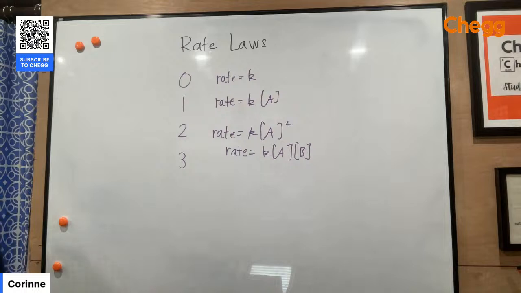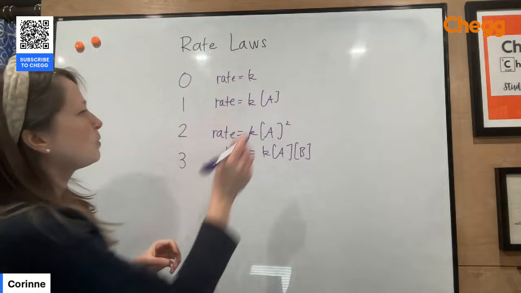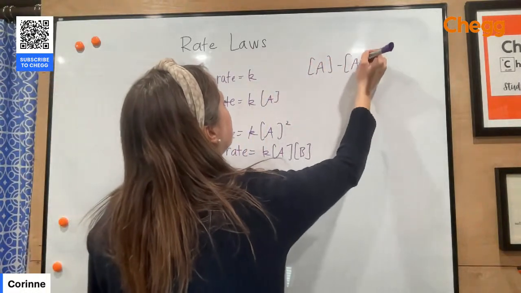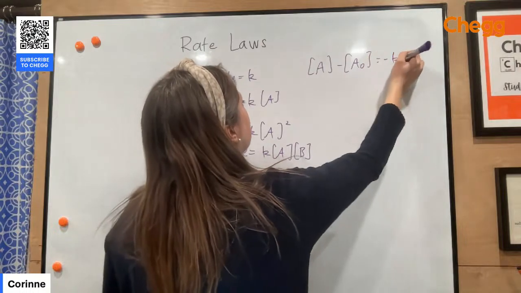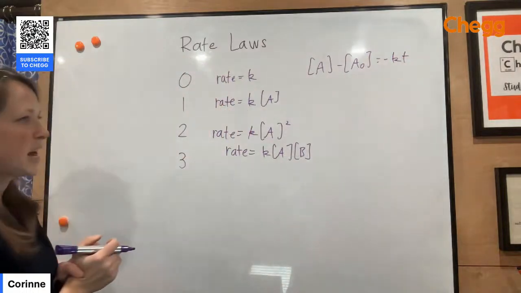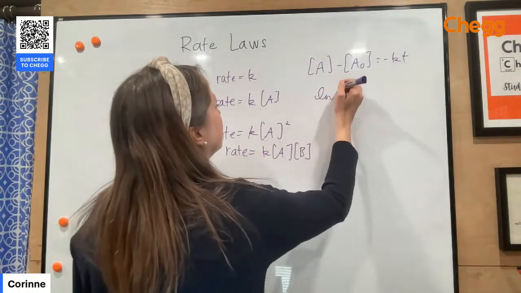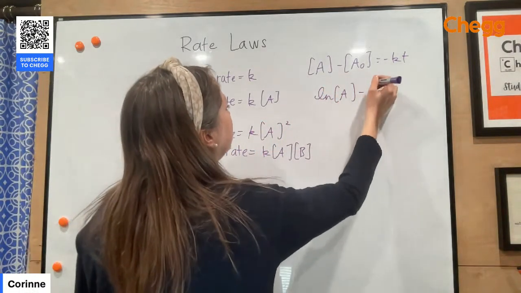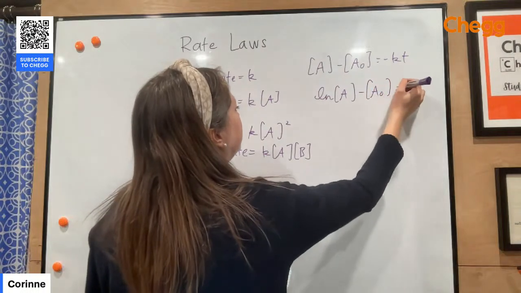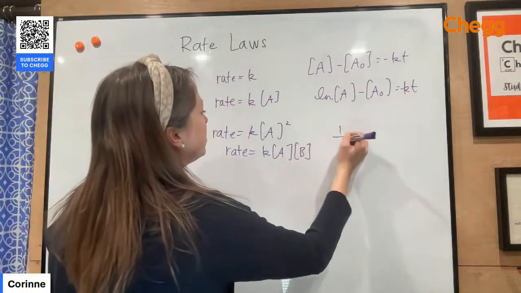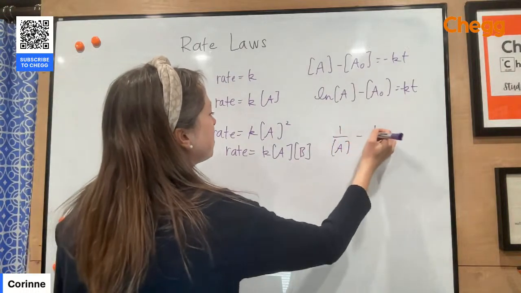But where it gets tricky, right, is remembering those rate expressions. So if I have the concentration of A minus A naught, that would be negative kt for a 0th order reaction. If I am looking at a first order reaction, we have the natural log of A minus A naught. All right, versus second order, 1 over A minus A naught.